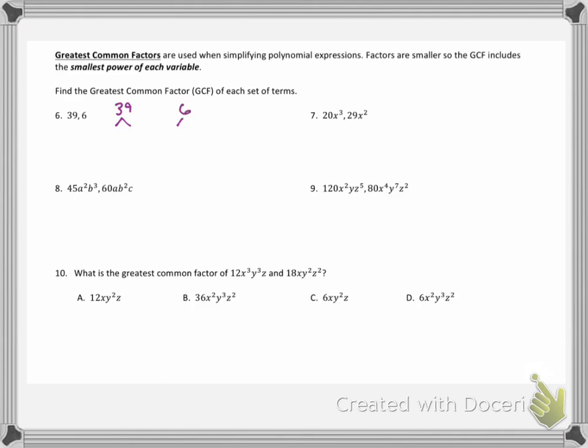I'm going to take 6 and break it apart. If I break 39 apart, it's 3 and 13. If I take 6 and break it apart, it's 2 and 3. You're going to do prime factorization trees for each of your terms, if this is the strategy you want to use. We are looking for what's in common from each tree. So I see a 3 in common with each tree. That's the biggest number that'll divide into both 39 and 6. So my GCF is 3.